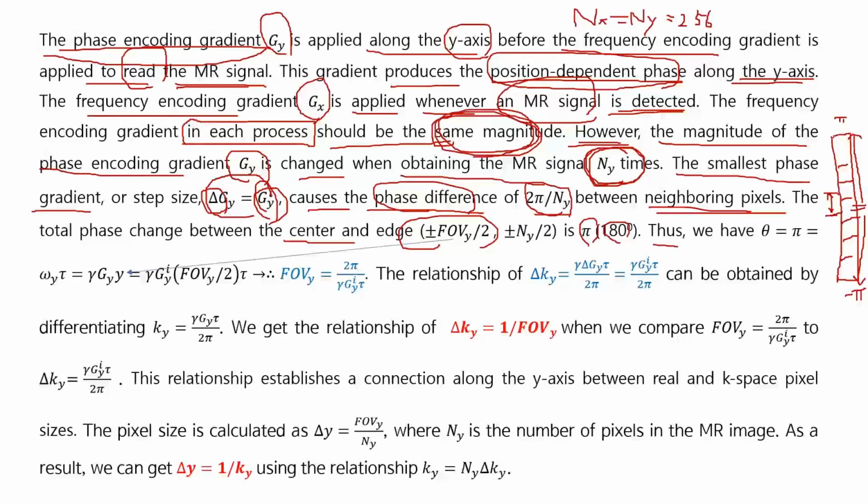Thus we have gamma Gy y, where y represents FOVY over 2. At the edge, the distance from here to here is FOVY over 2. So if we put y as FOVY over 2, then the total phase difference is pi. From this relation, we can get this.